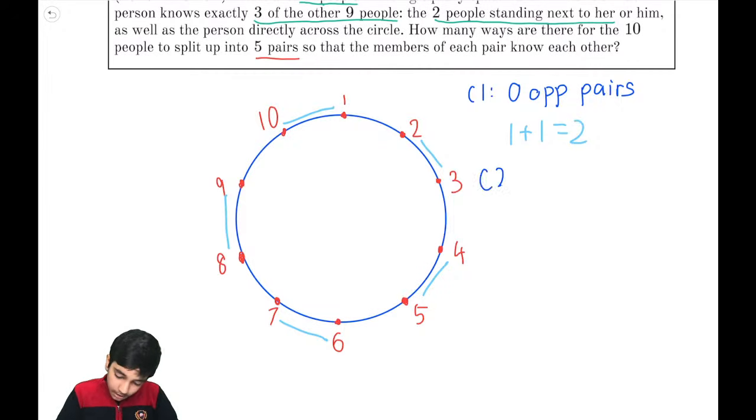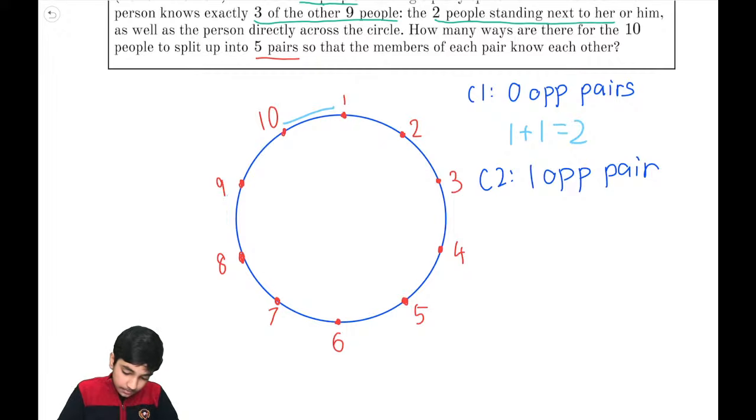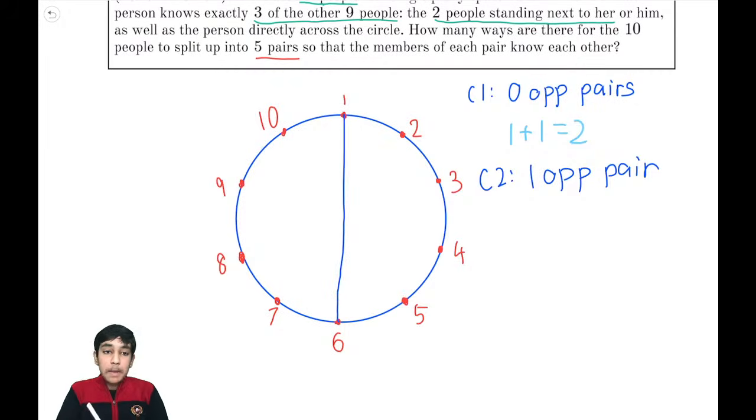Case 2 is 1 opposite pair. If we have 1 opposite pair, then let's just say that our opposite pair is 1 and 6, people who know each other and are opposite from each other.